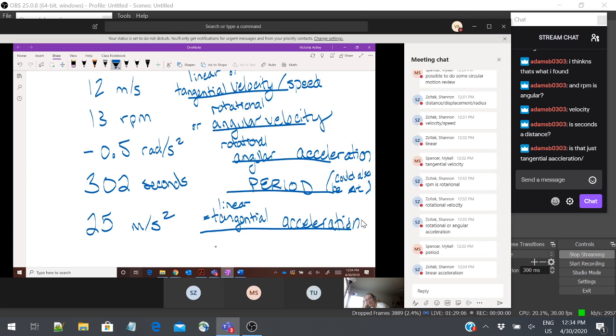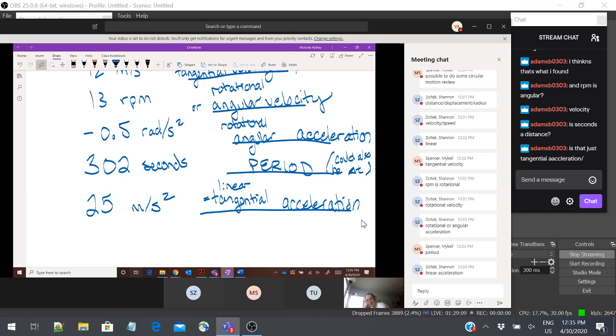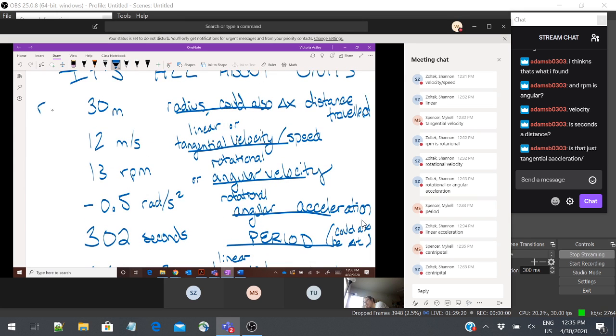Could also be, what's another possibility? Centripetal, yes. So in terms of what variables, this could be r, this could also be delta x. This is probably vt or just v. This one is omega. What's the next one?